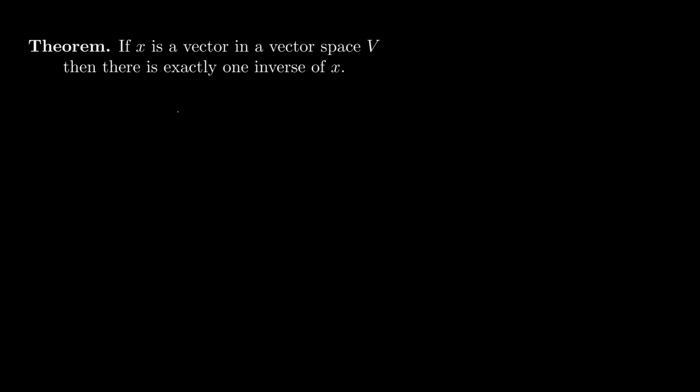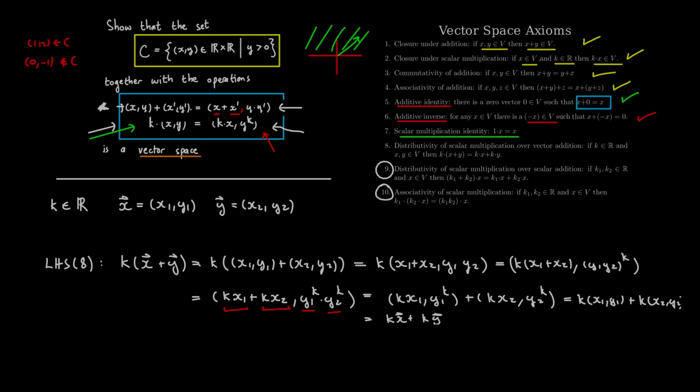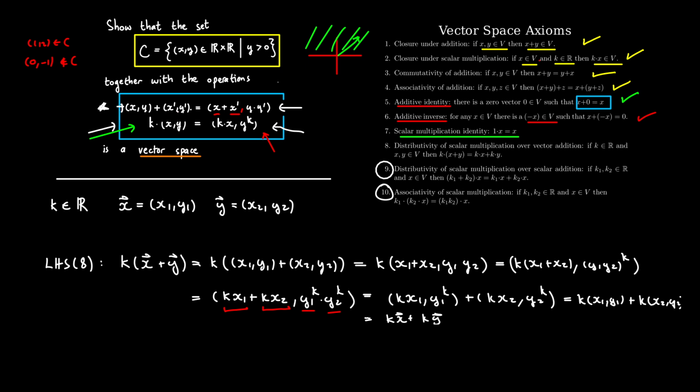let's just take a look back at this vector space we were looking at earlier. Over here. If we go back to this vector space, you can see that the way this vector space has been defined, it wasn't immediately obvious that the axioms would hold, and nor was it obvious what the zero vector was.